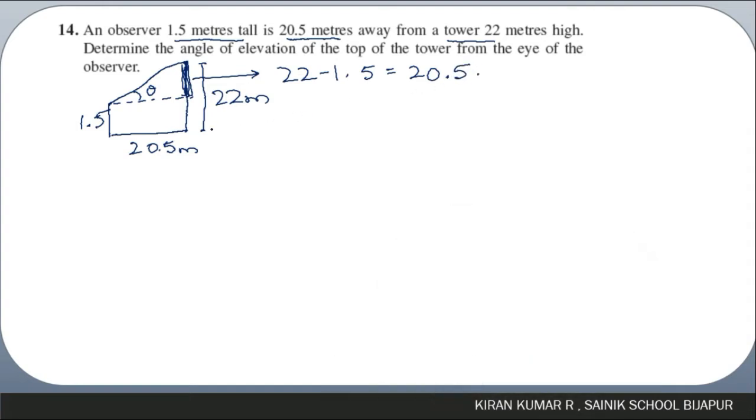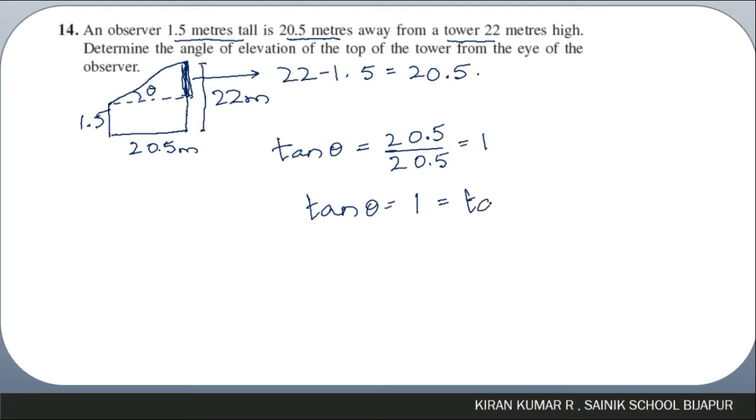Now let me consider tan of theta. Tan theta will be the opposite side, which is 20.5, divided by the adjacent side, which is also 20.5. We get the value as 1. So tan theta value we get as 1, which is nothing but tan 45 degree. So what does it mean? Angle theta will be equal to 45 degree.